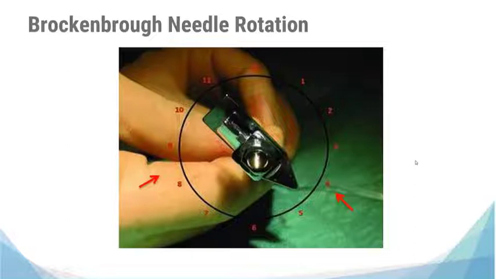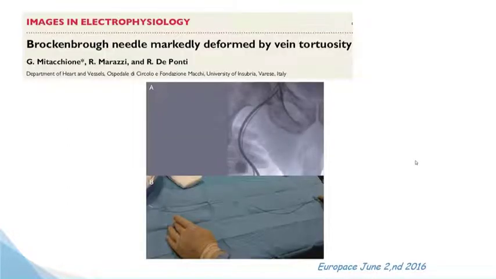Then another important challenge is represented by the tortuosity of the femoral, iliac vein and inferior vena cava. In these cases, as you see here, although we insert the needle very carefully, the needle is markedly deformed. You see here there are 3 curves and there are deformations.